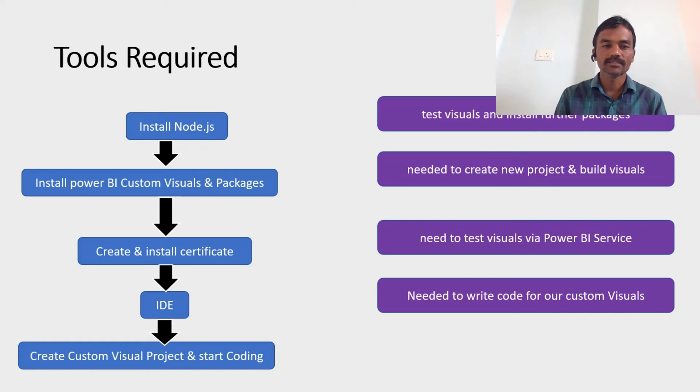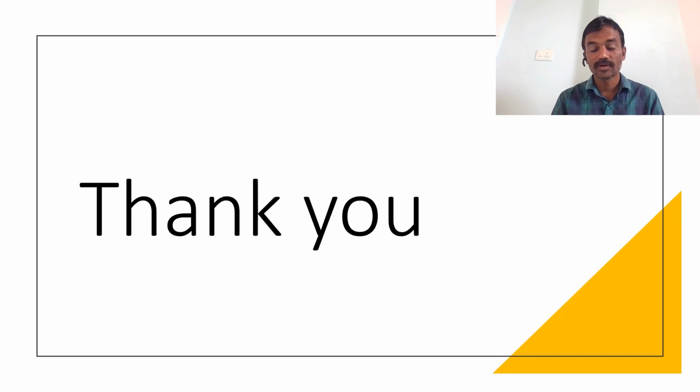The next thing is the tools. We need node.js, then Power BI custom visuals tools, certificates, and the IDE, which is the integrated development environment. With these things we can do this, and we will see in the next video how to install and how to get started with custom visuals. I hope you have understood this. Thank you.